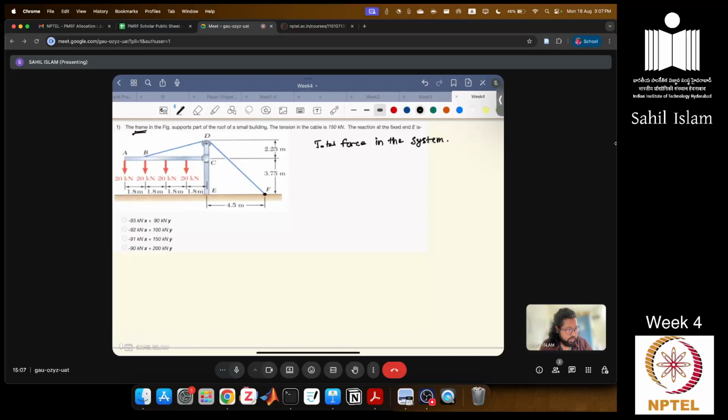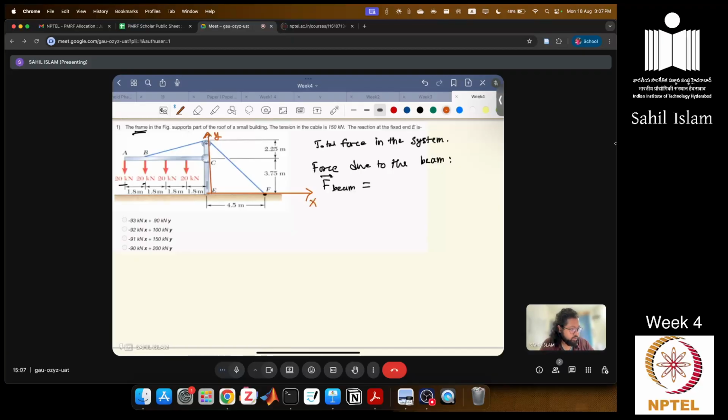First of all, let's calculate the force due to the beam. Let's call it force beam. We can see we have 20 kilonewton forces, 1, 2, 3, 4, acting along this direction. Let's define some coordinates: this is the x axis and this is the y axis.